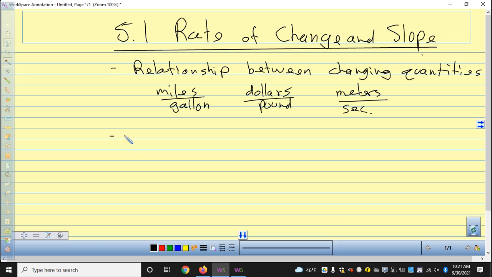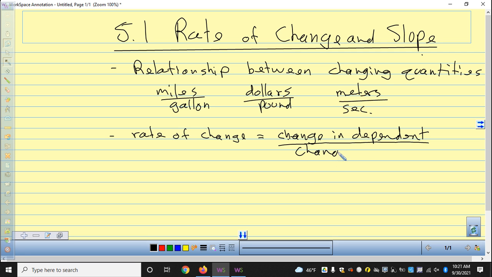So the way we can write that mathematically is that the rate of change is the change in the dependent variable divided by the change in the independent variable.